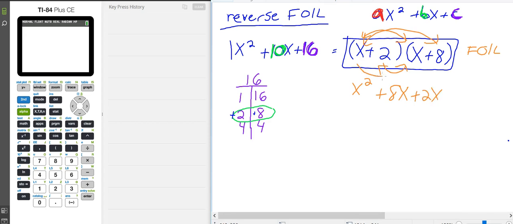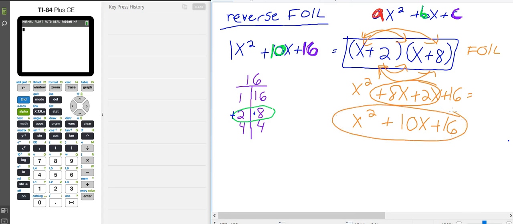And last, 2 times 8 is 16. Combine like terms: 8x and 2x are like terms, so plus 10x plus 16. This is our original question, so the answer is correct.